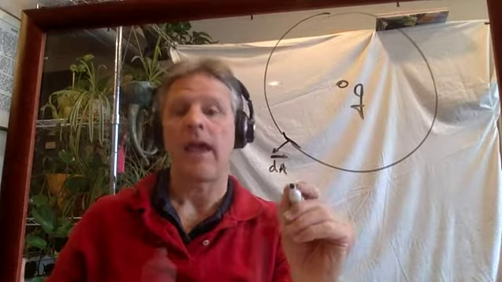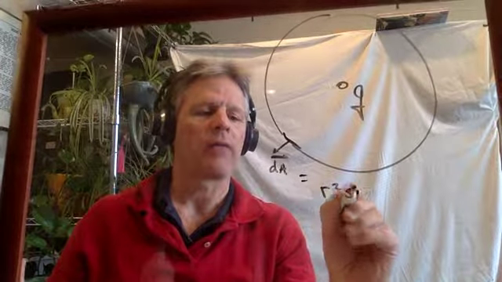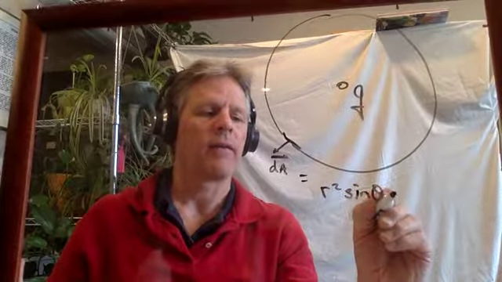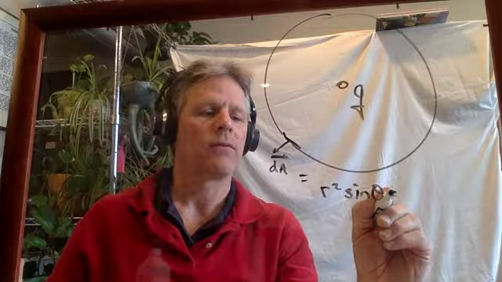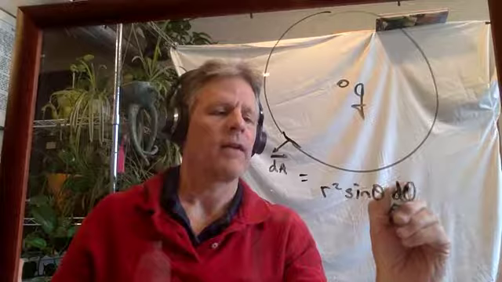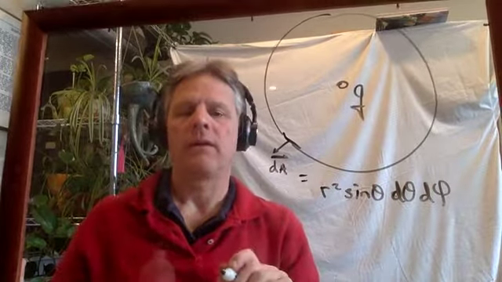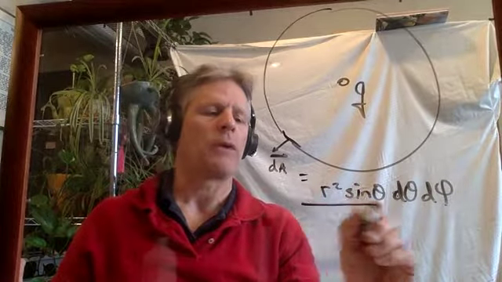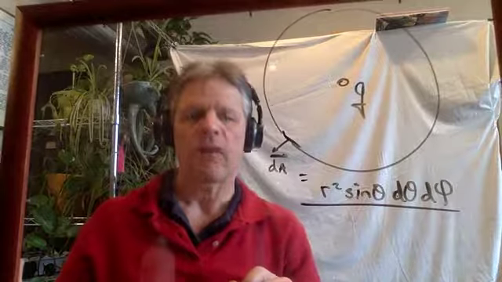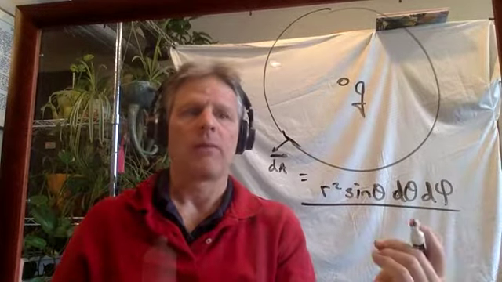So this little dA, as we calculated in class, is r squared sine theta d theta d phi. Okay, so we calculated that, and in this particular case, we don't really need to mess with that, because the only time we need to do an integral is when things are changing.